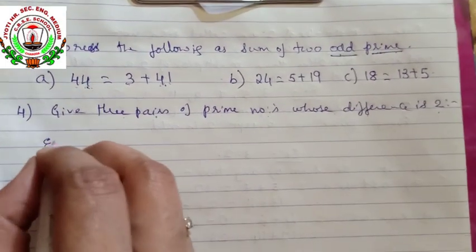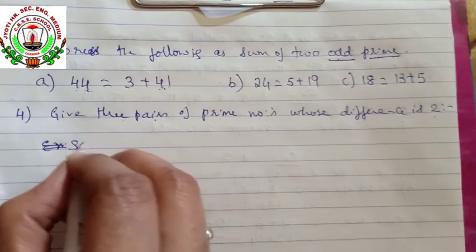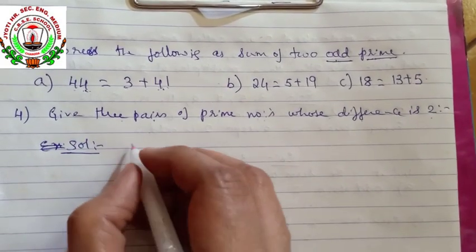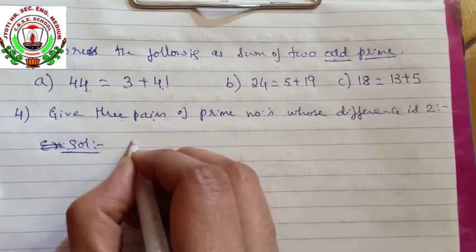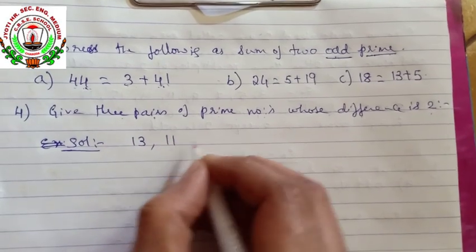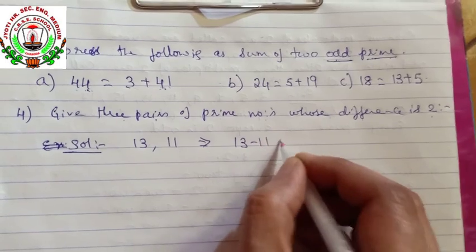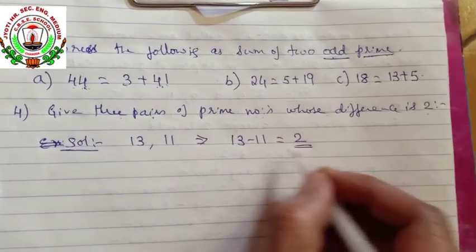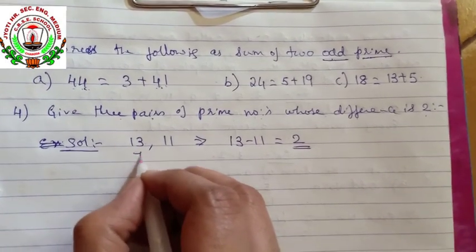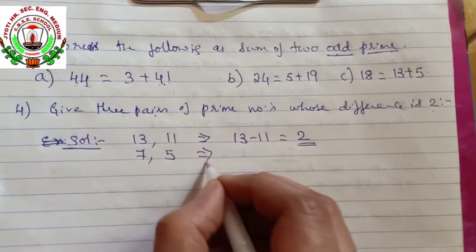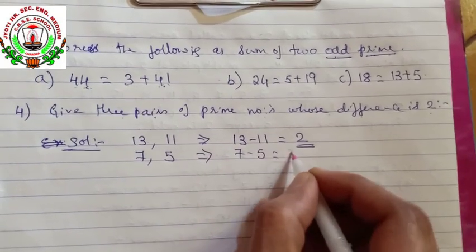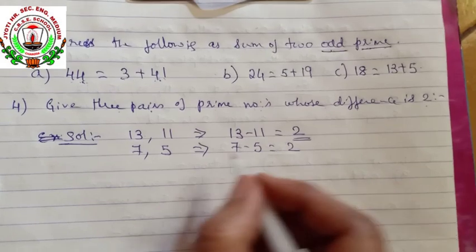For example, let me write the solution. When I'm taking 13 and 11, when I subtract these two, 13 minus 11, the answer is 2. One more, 7 and 5. 7 minus 5 is also 2.